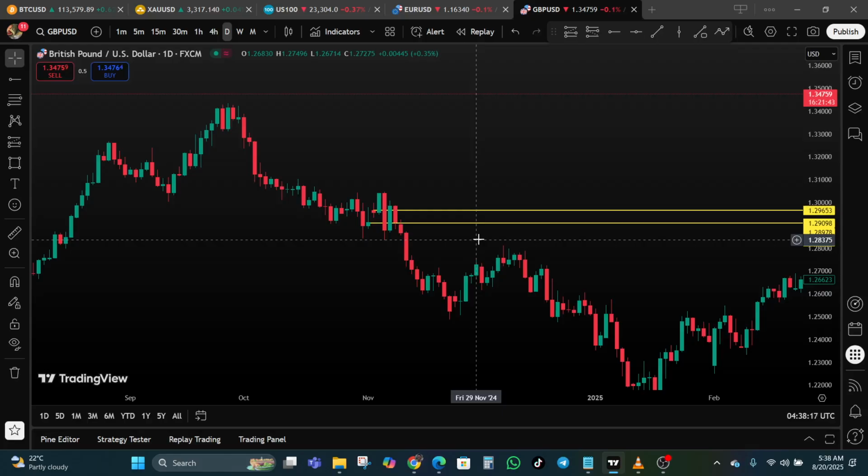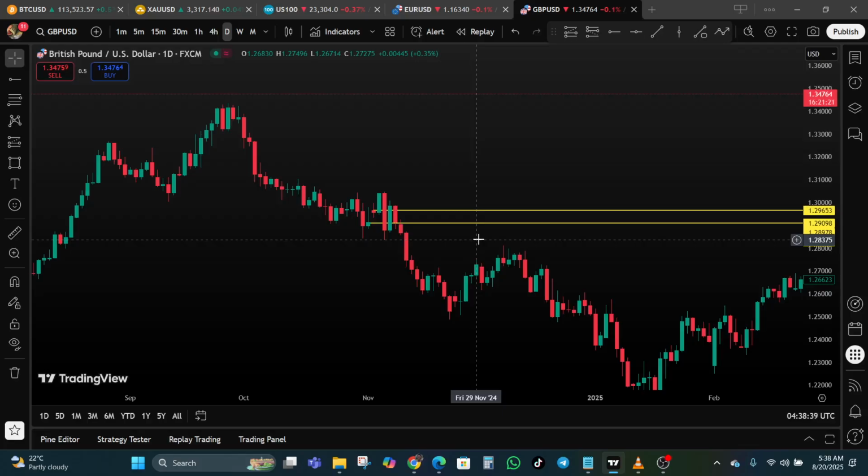For example, if you want to use the gaps as an area of liquidity to enter a trade in the direction of the prevailing trend, you should have clear targets for your stop losses and clear targets for your take profits as well.